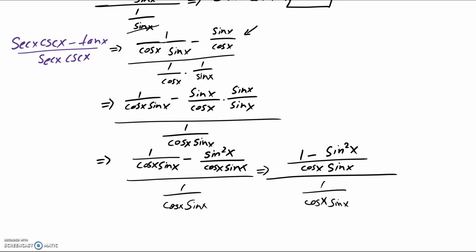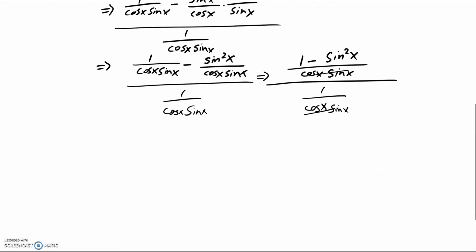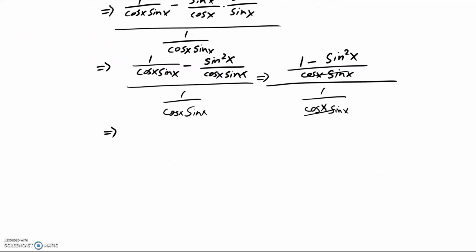Clear? As we did in a previous question, cos x and sine x will cancel out each other, and we will be left with only 1 minus sine squared x. The Pythagorean identity that we have is sine squared x plus cos squared x equals 1.